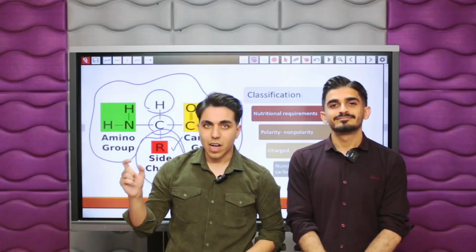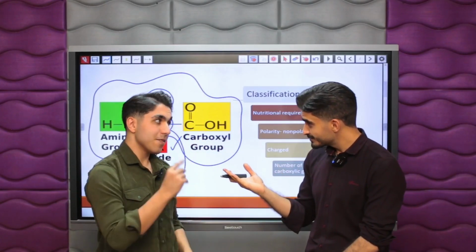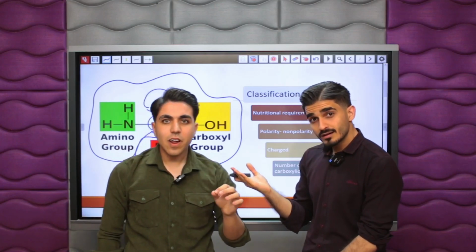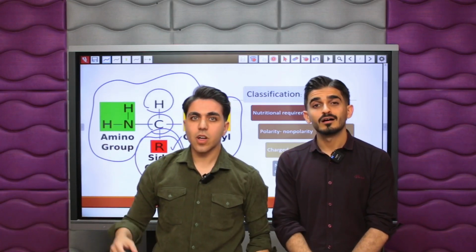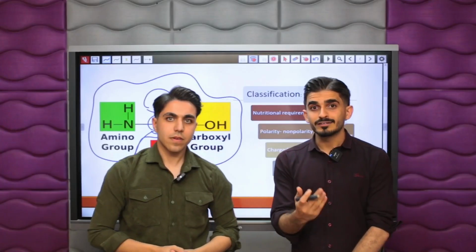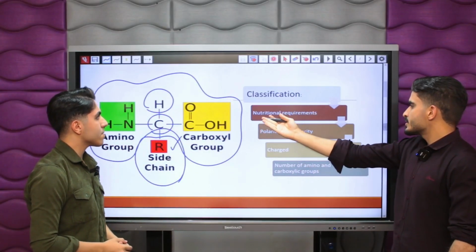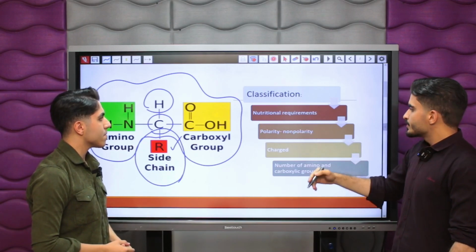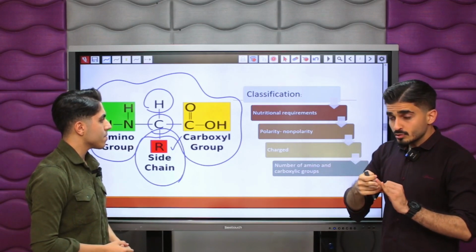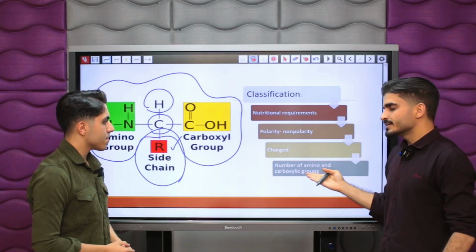But only 20 types are used in human genetic coding. Only 20? If you think that's few, just consider the number of English alphabet letters, which is only 26, but has formed millions of words. Alright. Amino acids are classified based on their nutritional requirements, polarity or non-polarity, charged, and number of amino and carboxylic groups.